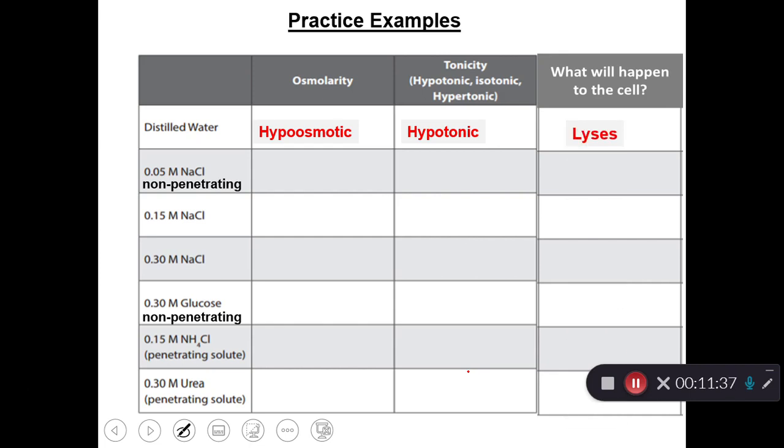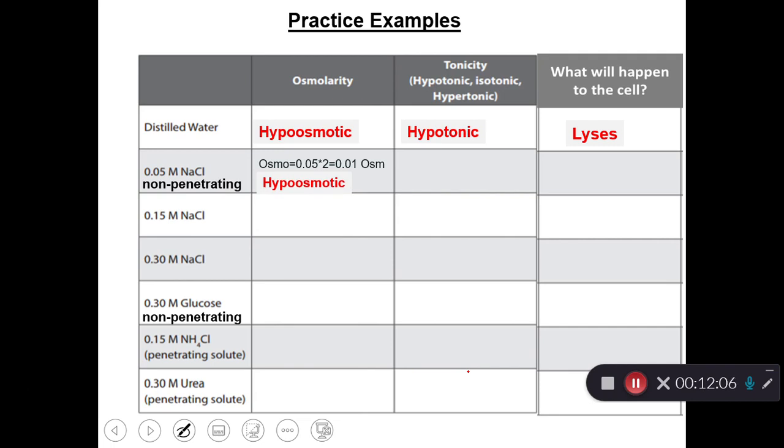How about if you have 0.05 molar of sodium chloride and the sodium chloride is non-penetrating? To calculate the osmolarity, you need to multiply by 2. So that's 0.1 osmol or 100 milliosmol. 100 milliosmol is less than 300 milliosmol, so this is hypoosmotic.